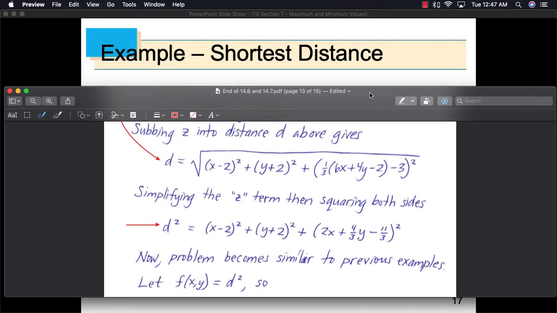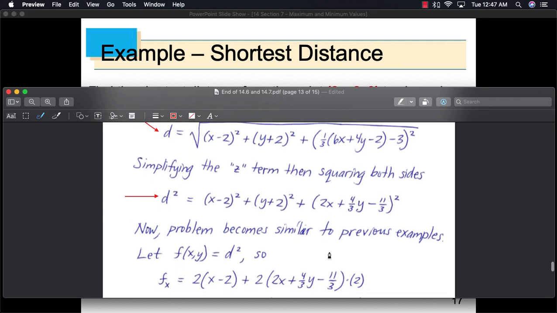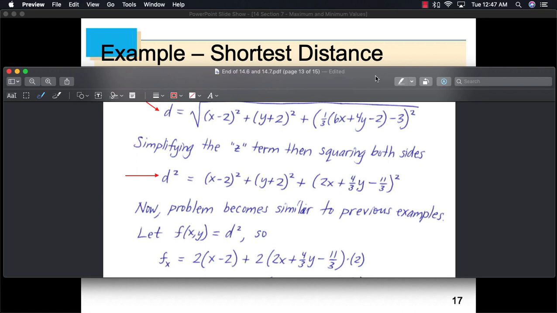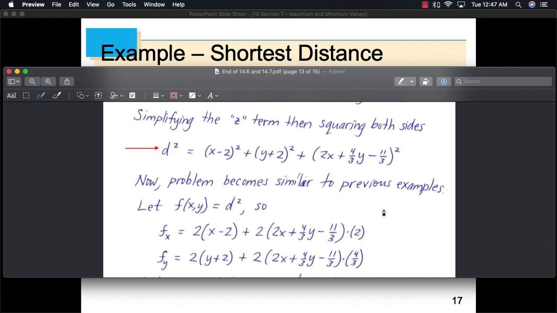In this case, I'm going to let my f of x, y be the d squared. So once again, we solve it the same exact way. We're going to take the partial with respect to x, the partial with respect to y, and then solve for these two equations by setting them both equal to 0 and solving them simultaneously once again.